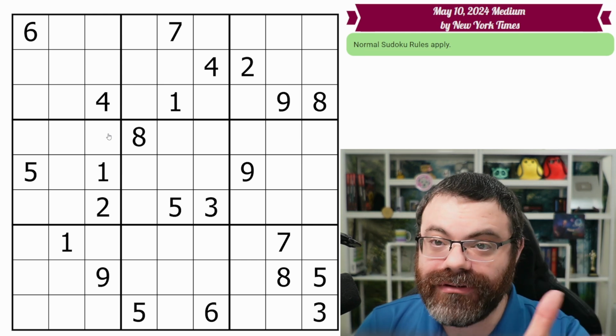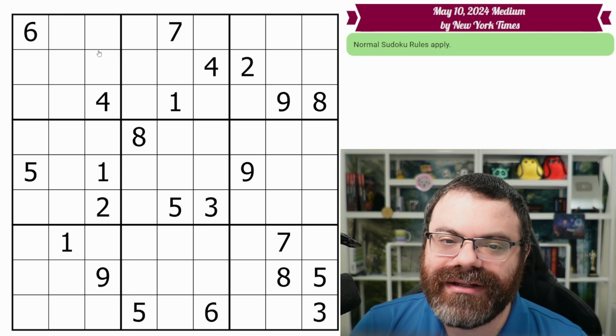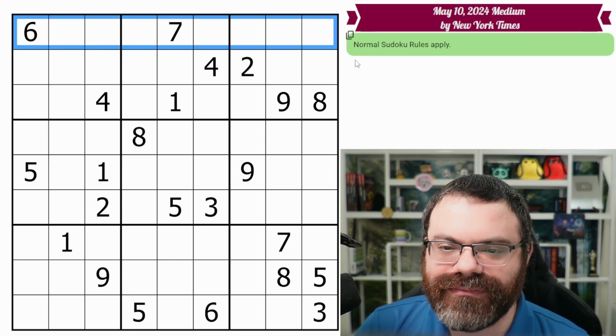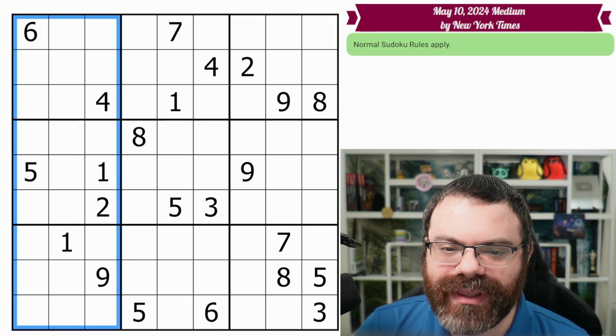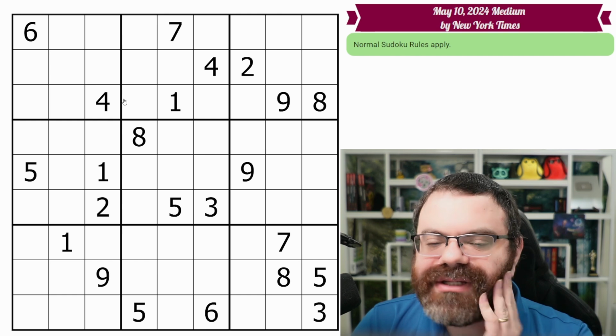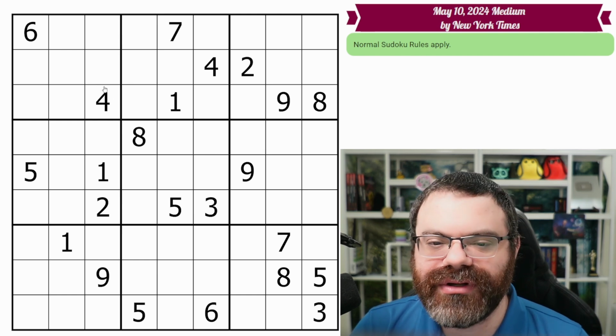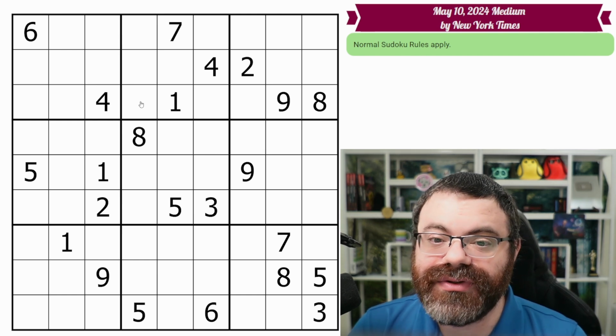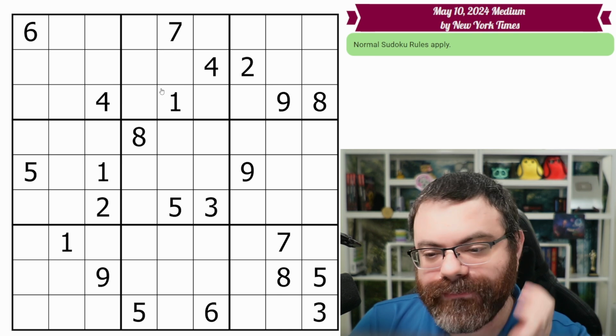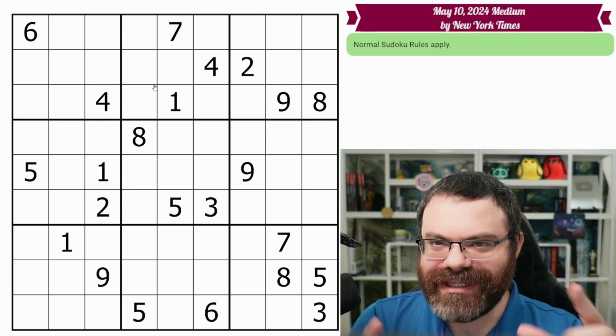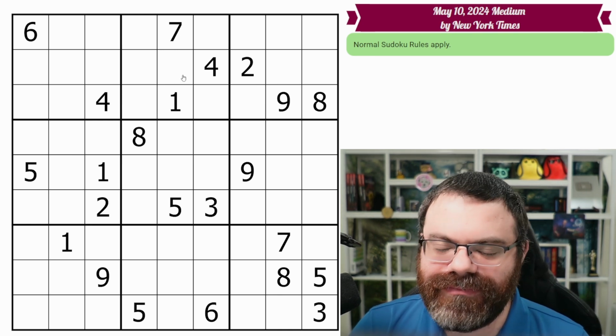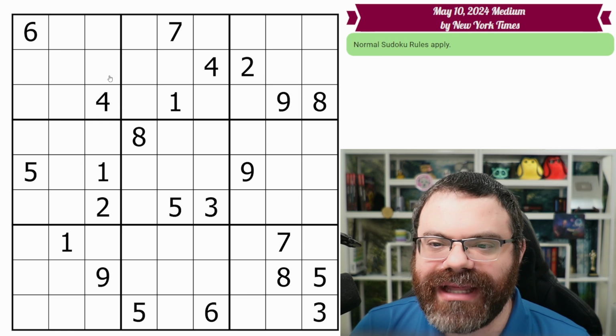But we are looking at it in this orientation, so we will be using row, column, band, and stack. Any logic you can do to a row, you can also do to a column. Any logic you do to a band, you can also do to a stack, because if you rotated the puzzle 90 degrees, they would be equivalent. Okay. Anyway, that's enough with that.